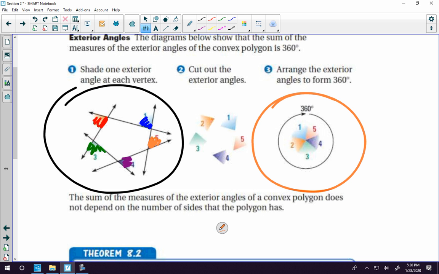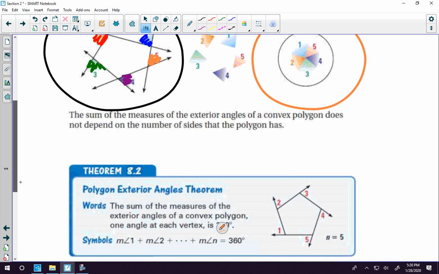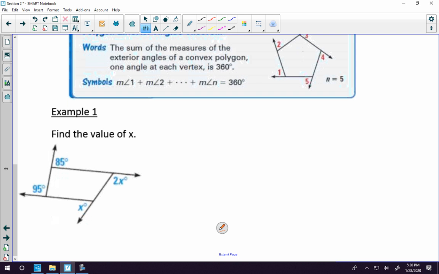And you need to know that one rotation of a circle in degrees is 360 degrees. So let's apply that. Here's what we just talked about. In this convex quadrilateral, there's one of the exterior angles. There's the second exterior angle. Here's the third exterior angle.